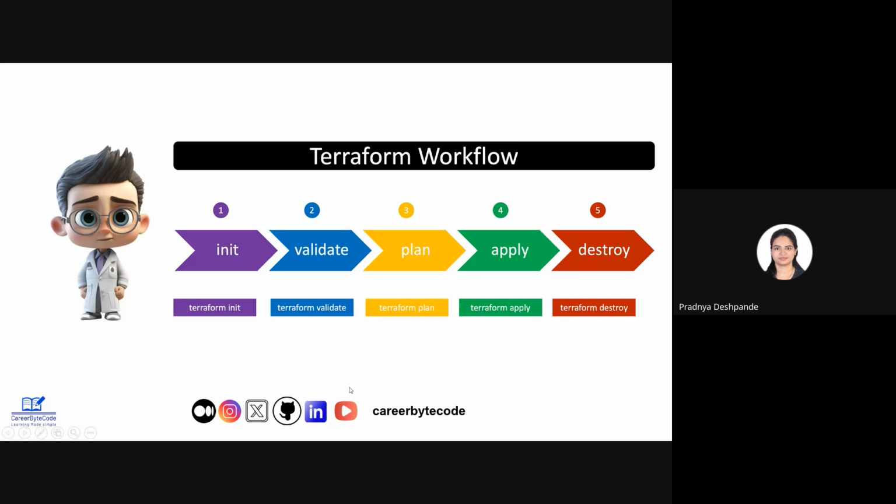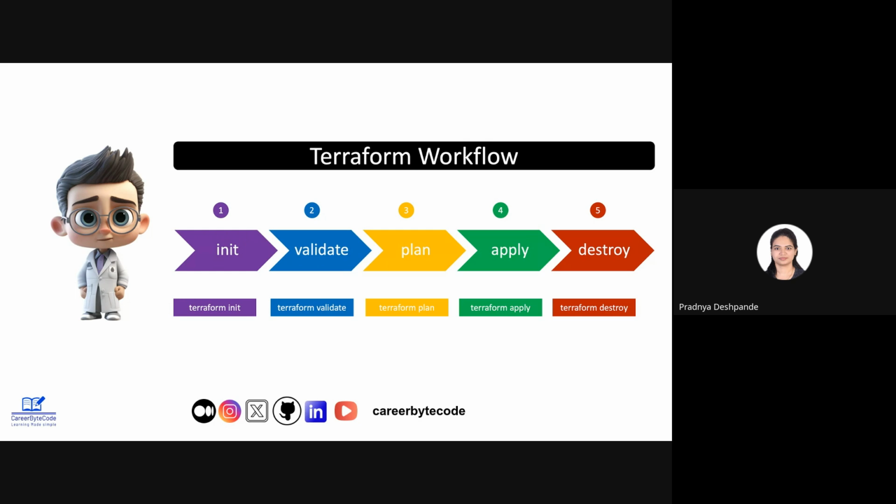Now we understood what the Terraform configuration file should contain. It should contain the provider block and the resource block, everything you have written. But what next? You have the configuration files ready and you want to deploy them on your cloud platform, like Azure, AWS, or any other. But which workflow needs to be followed? How can we get to our end result?